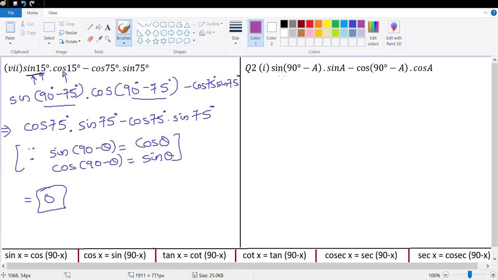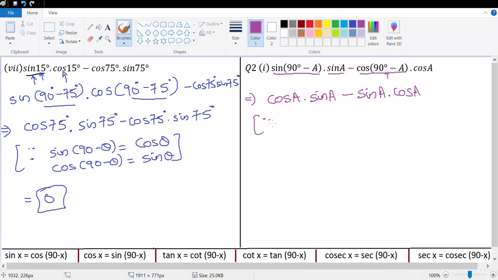So sine 90 minus a can be written as cos a, and sine a we leave it like this, and this can be written as sine a. Alright, so this becomes cos a dot sine a minus sine a dot cos a.